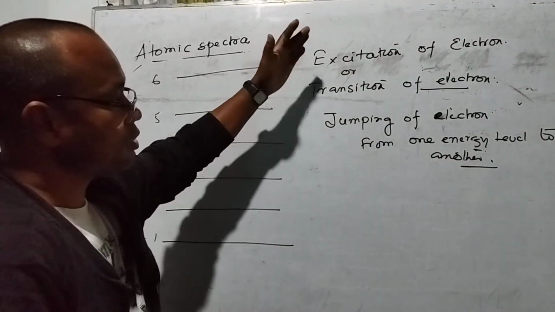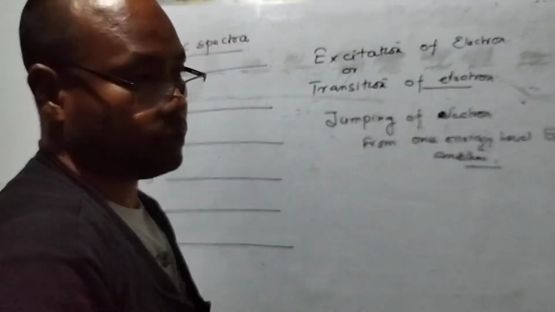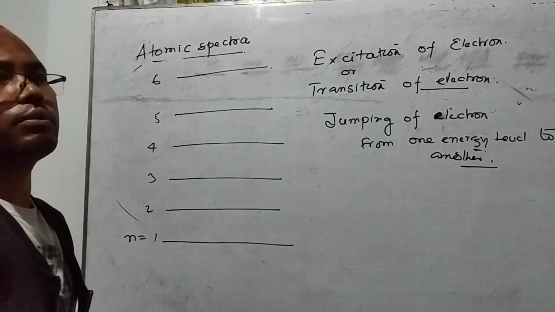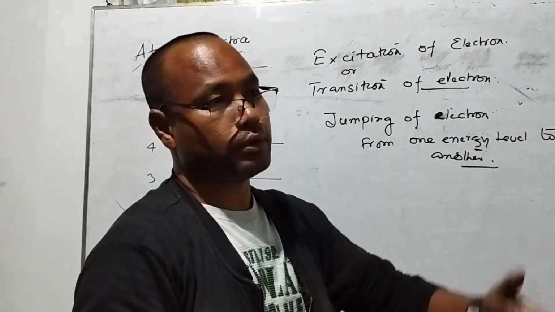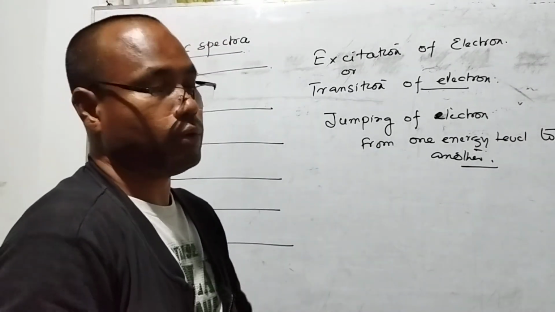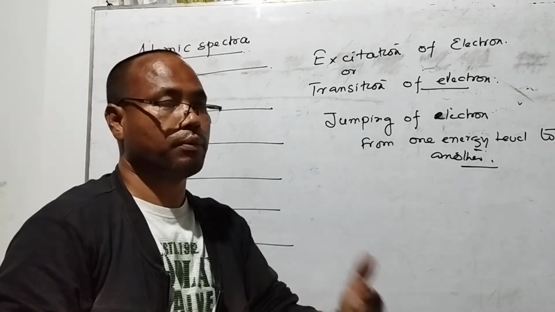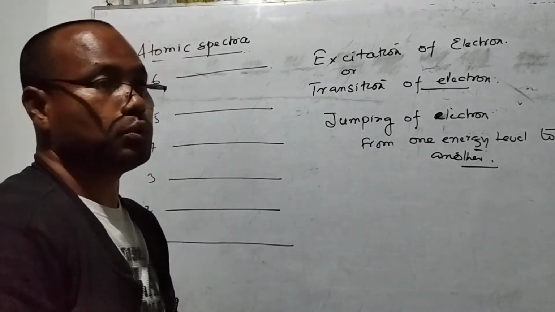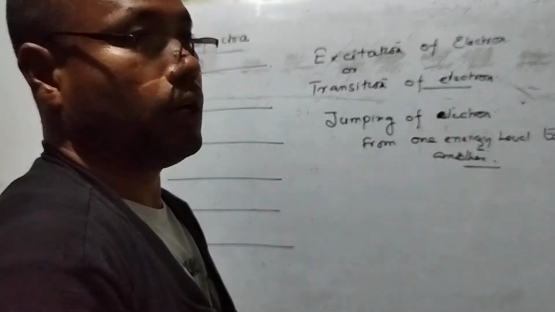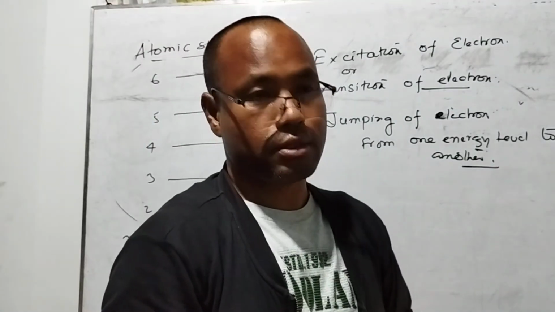On the excitation or transition of the electrons, a series of radiations may be absorbed from some source of light, or may be emitted from the excitation of the electron. That means we have two different types of atomic spectra to consider here.